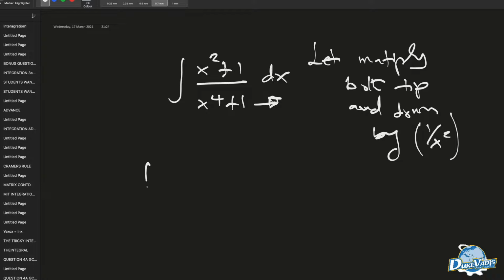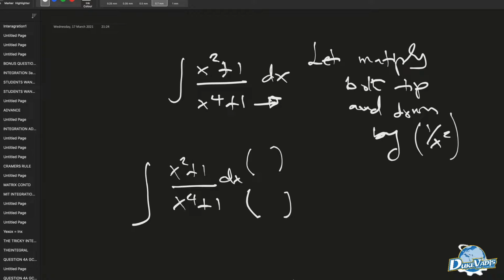Then our integral, which is (x squared plus 1) over (x to the power 4 plus 1) dx, we're multiplying both here and down here by 1 over x squared.